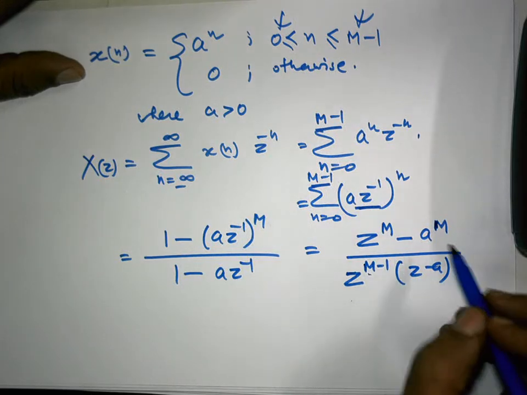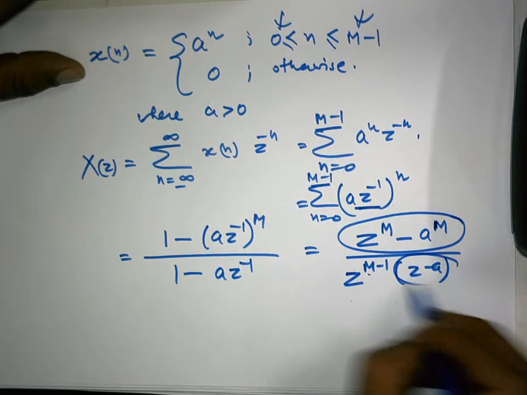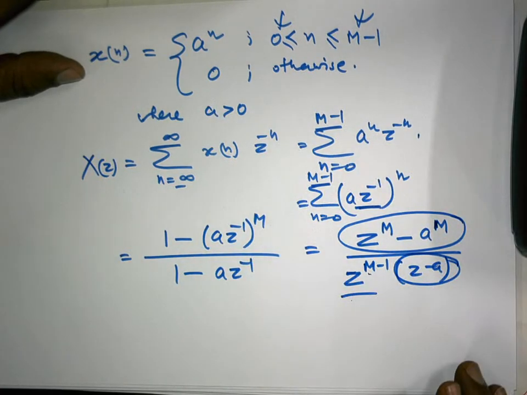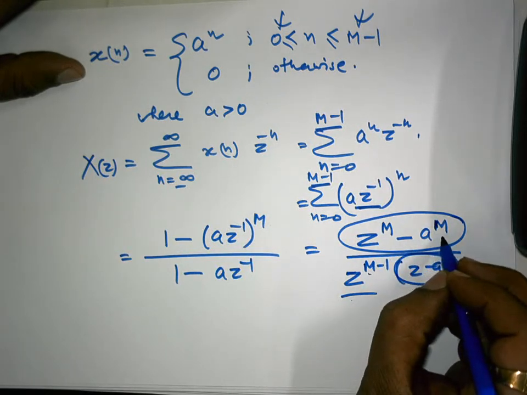Now, you can very clearly visualize the number of zeros and number of poles in this expression. Okay. This is having M zeros, situated where?